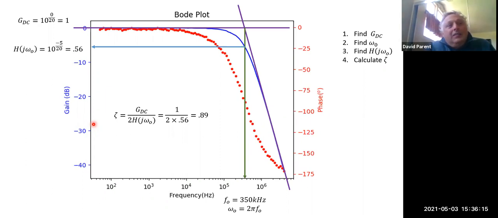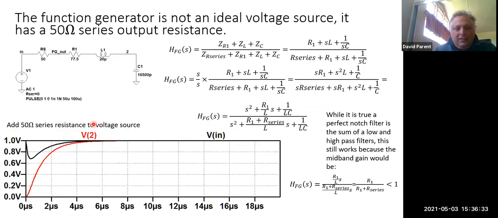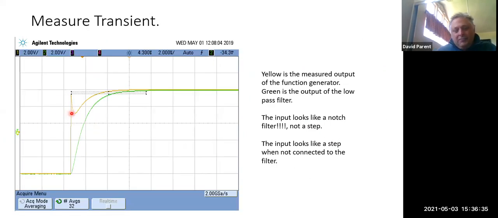I measured V out, the magnitude and the phase, and I measured V in, magnitude and phase, and then took the ratio. So that even though I'm getting this notch response here, right?